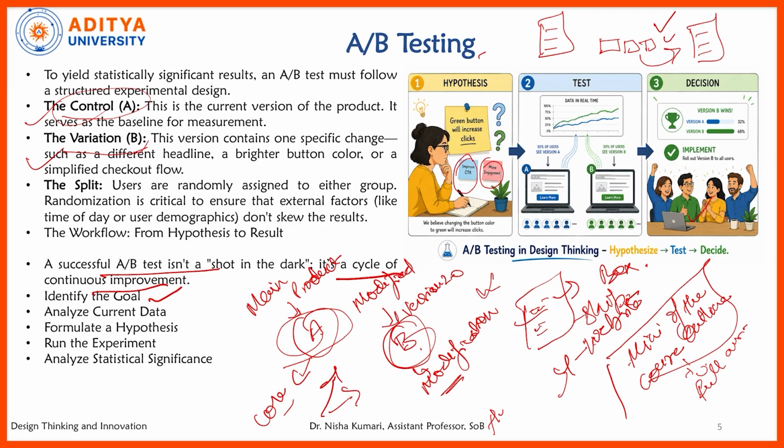Here we are going to create the hypothesis. For example, we want to increase the click rate. So how can we increase the click rate? That kind of modification we will do in our variation B, and then we analyze the data based on the variation, like what the difference is between the A and the B product.